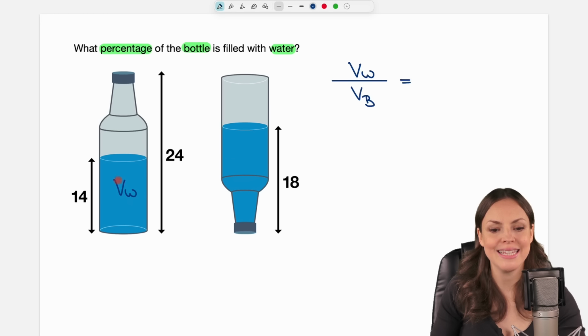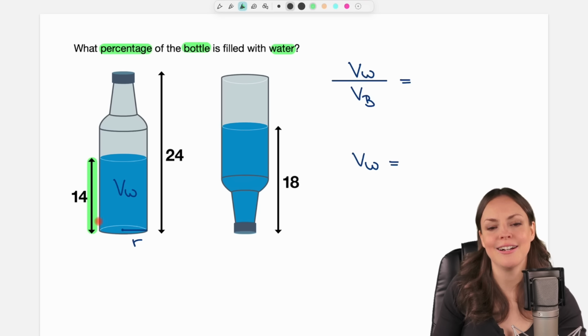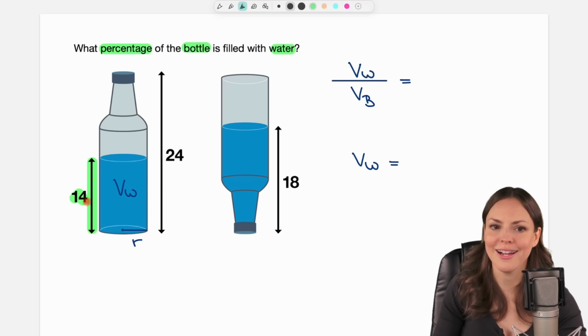How can we find this? Well, this water here in the bottle has the shape of a cylinder. So we only have to find the volume of this cylinder here. For this, we need the radius of the circle down here, which we don't have, and we need the height of the cylinder that we have.